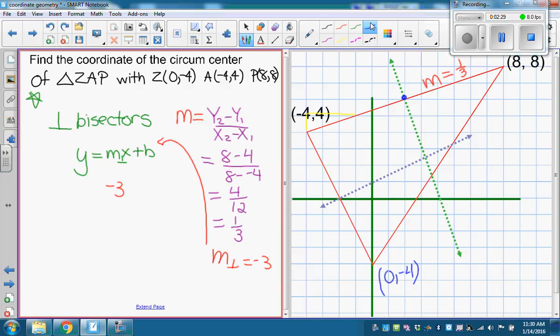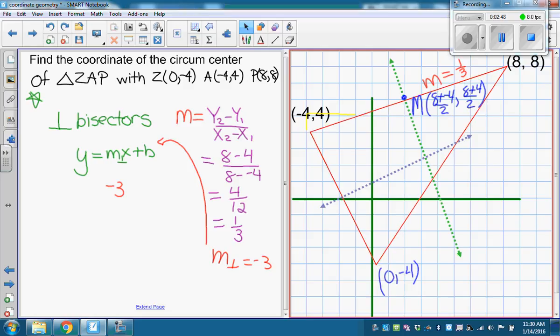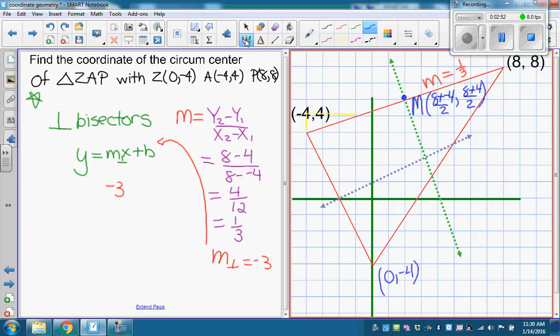Right. So if I called this M, it would be 8 plus -4 over 2, 8 plus 4 over 2, which is really just 4 over 2, which is 2, and 12 divided by 2 is 6.